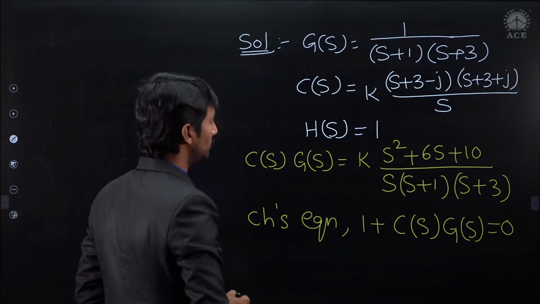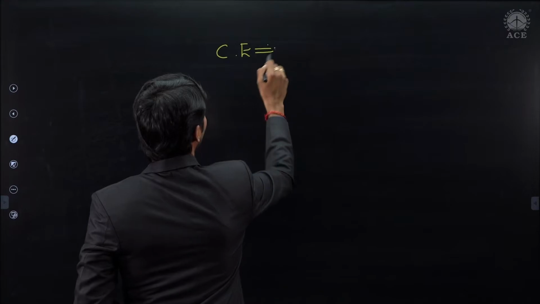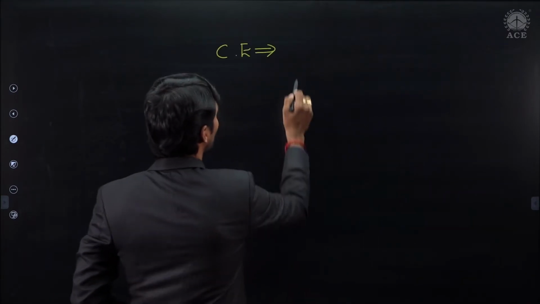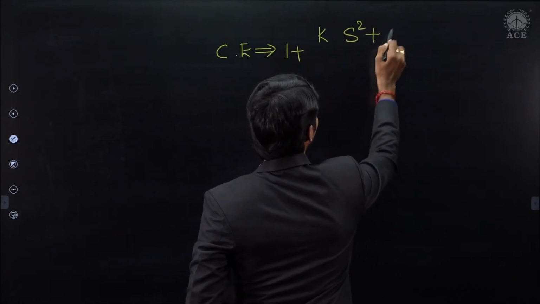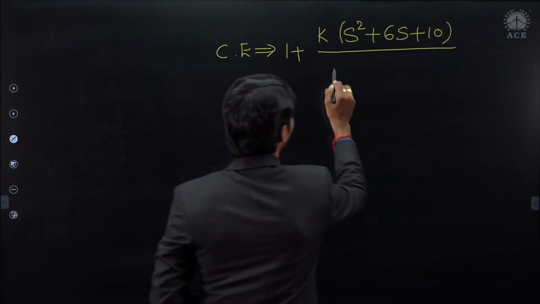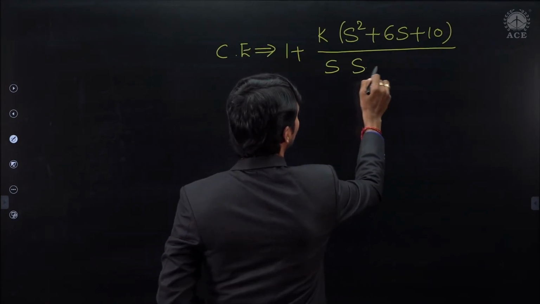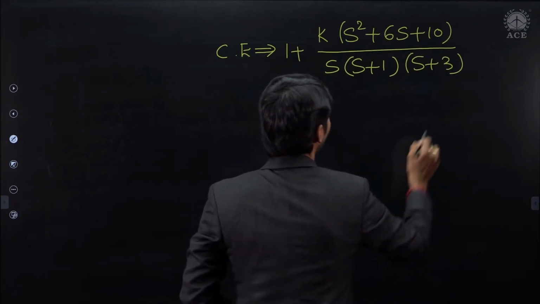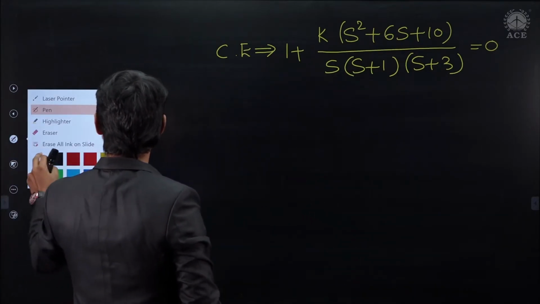So the characteristic equation is 1 plus K into (S square plus 6S plus 10) by S into (S plus 1) into (S plus 3), should be equal to 0.